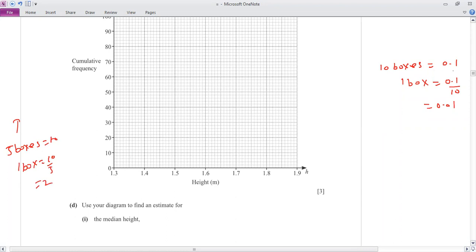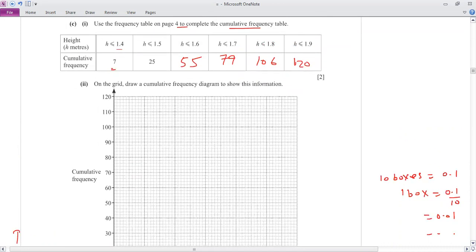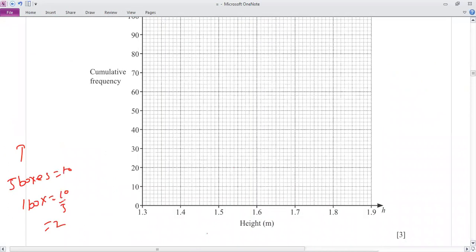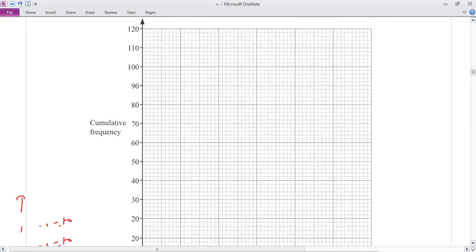So now let's draw. You have the cumulative frequency curve. For less equal to 1.4, it is 7. This is 1.4. So this is 2. I will zoom a little bit so it will be easy to draw. 1.4, 0. This is 2, 4, 6, and 7. It will be here, yes. Then for less equal to 1.5, it is 25.